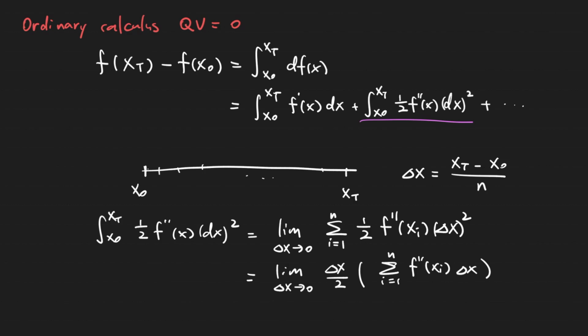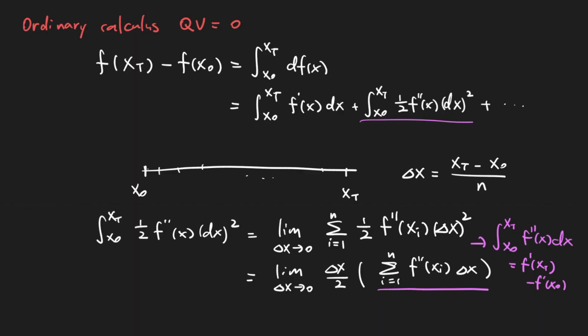And if you look at this equation here, that is simply the Riemann integral. So it's just going to converge to the integral of the second derivative. So it's just going to equal the difference between the first derivative.